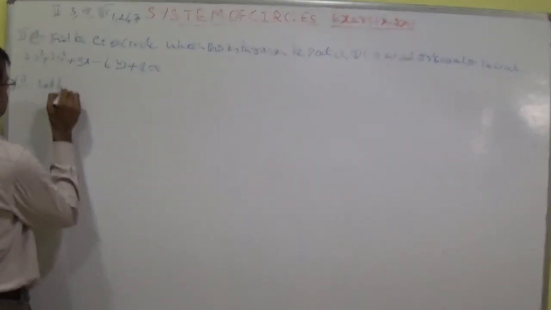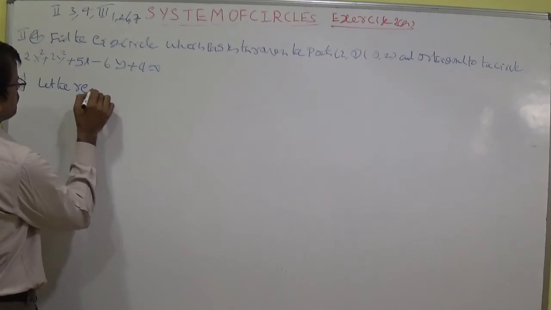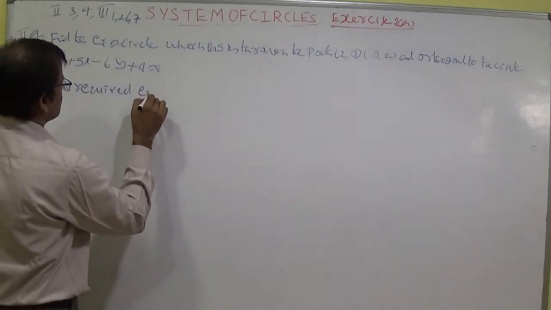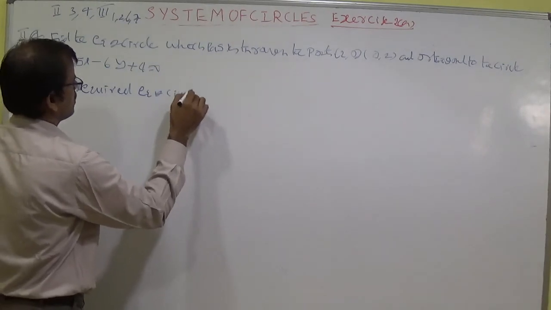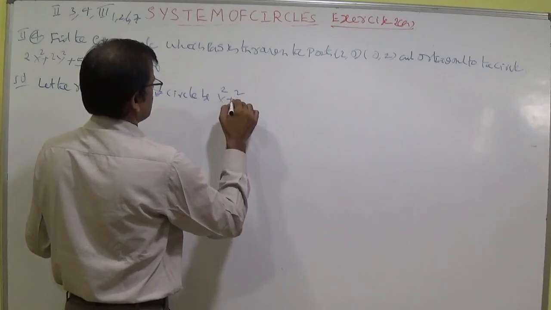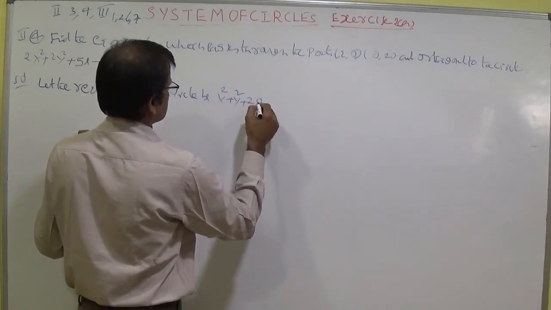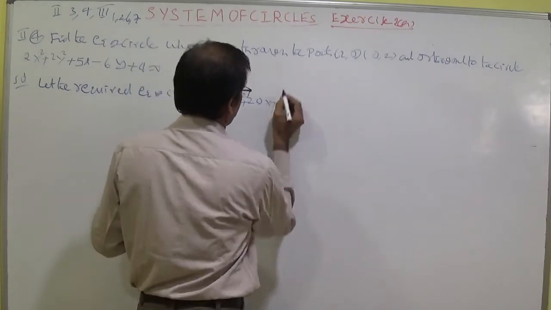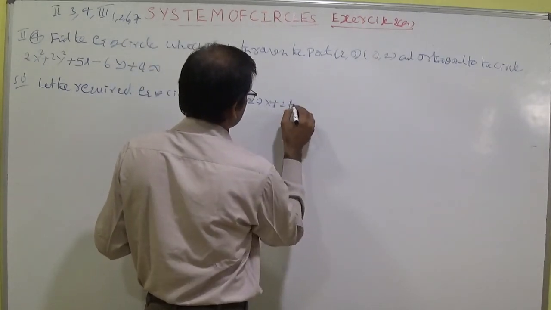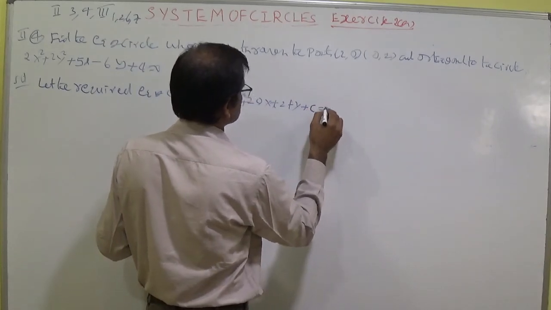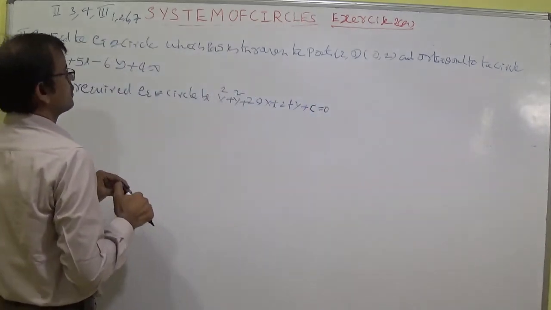Let the required equation of circle be x square plus y square plus 2gx plus 2fy plus c equal to 0.